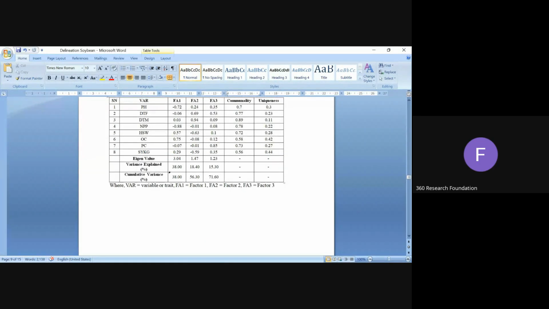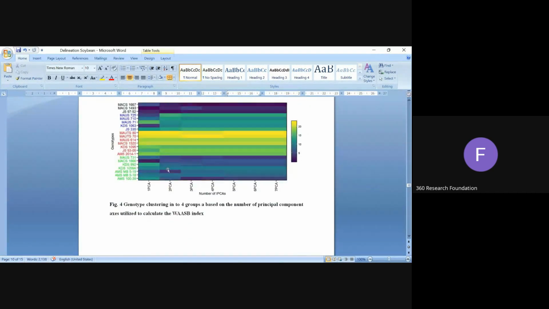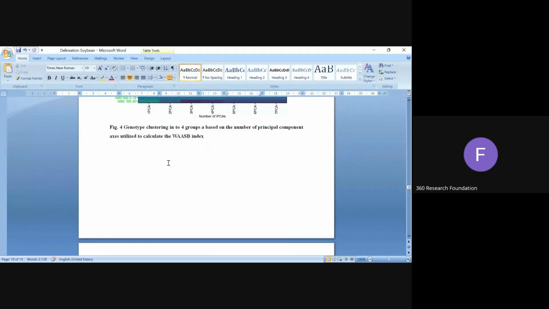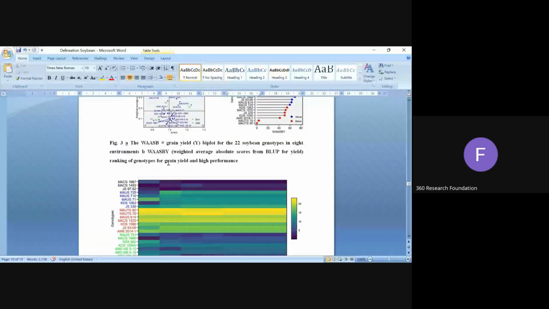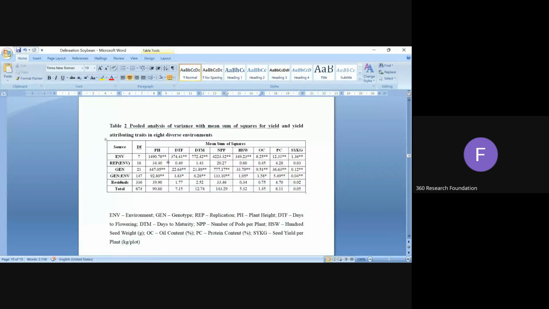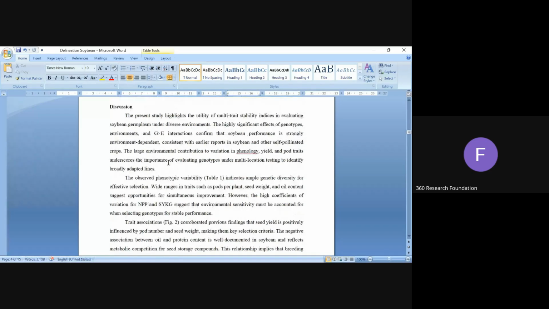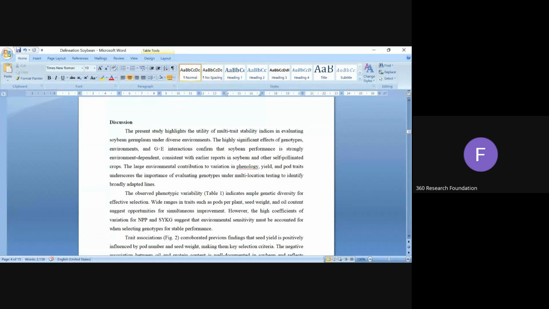Then these are the factor analysis what we have done till now. And then this is the PCA. This interpretation I will share with you, so you can correlate the values with whatever is written. So in short, this is all the BLUP analysis.